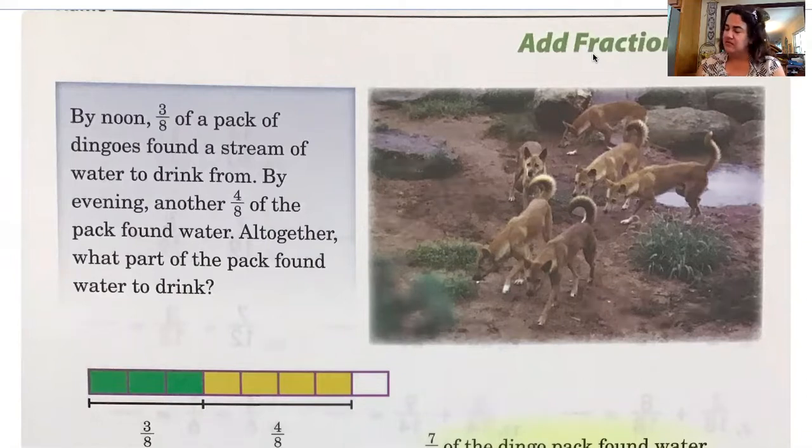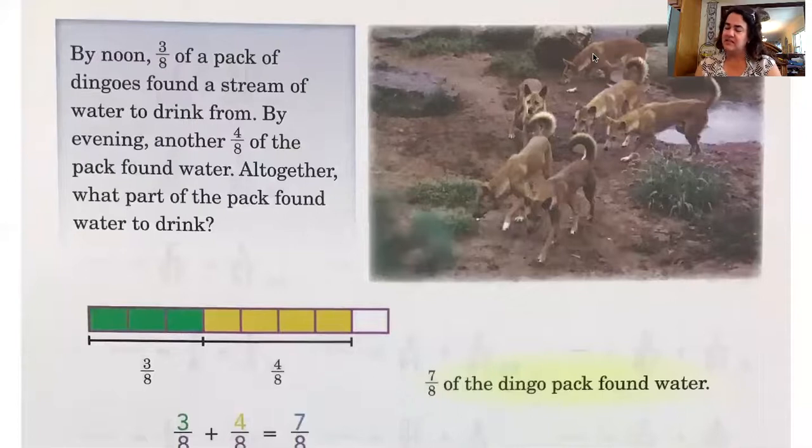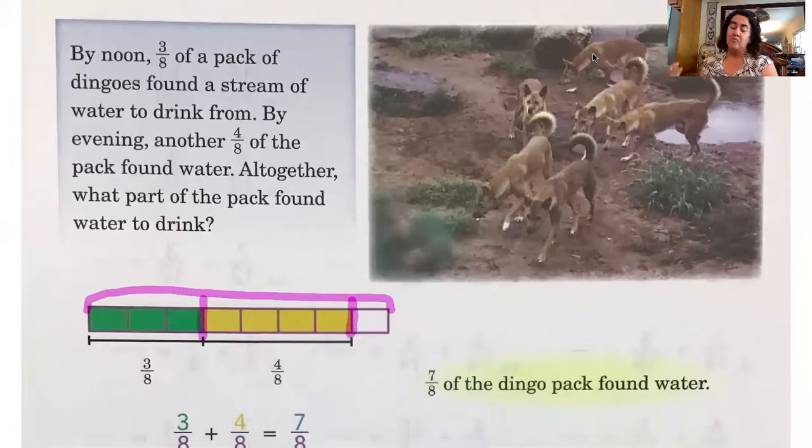Well, boys and girls, if we have 8 dingoes total in the pack, here's our little graph showing 8 dingoes total, right? So first 3/8 of them found the stream, and by evening, another 4 of them found water. How much of the pack found water?